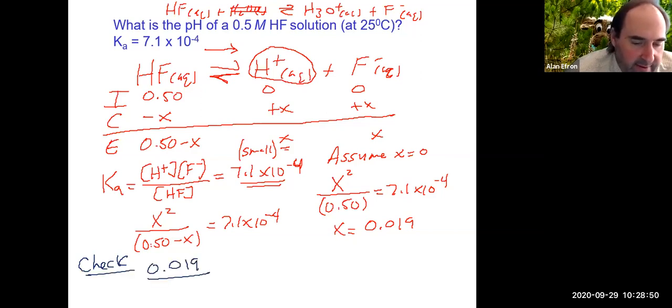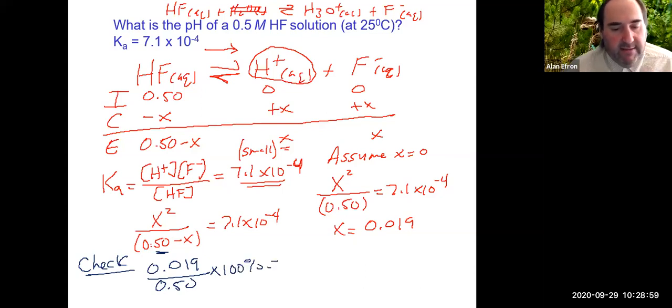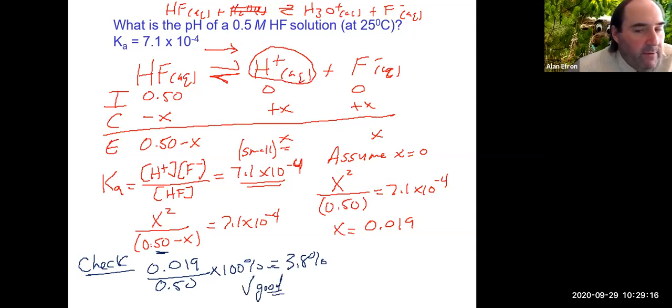We want to divide it by what we're subtracting it from, the initial concentration, 0.5, and times it by 100%. And if we do that, we end up with something like 3.8%, which means this is a good assumption. Remember, we go by the 5% rule here.